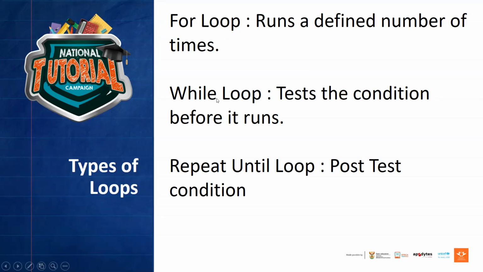A while loop will do a pre-test before it runs, and a repeat loop will only test after it has run at least once. Whether the conditions are false, it will still run at least once. That's the repeat until.